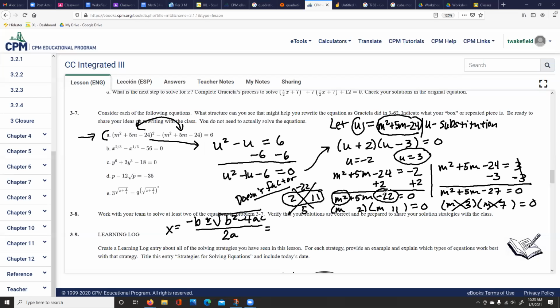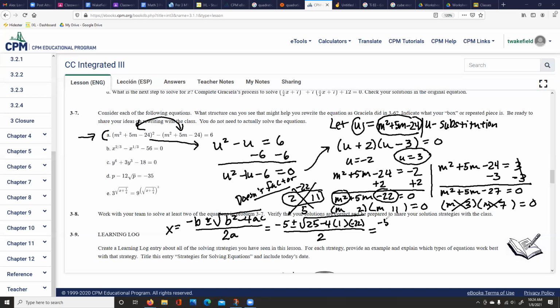1, 5, and -22. So x equals -b, so it'd be -5 plus or minus, then I square that 5, 25, minus 4 times a times c. Well, a is 1, c is -22, all over 2a, which is just 2, because a is 1. Okay, let's reduce this. 4 times 22 is 88.